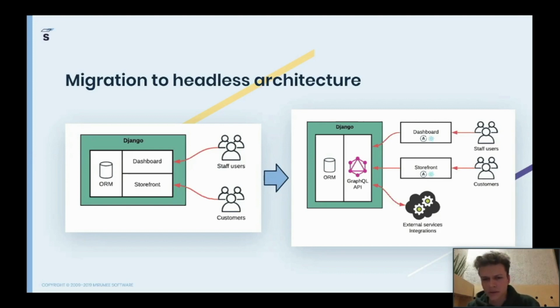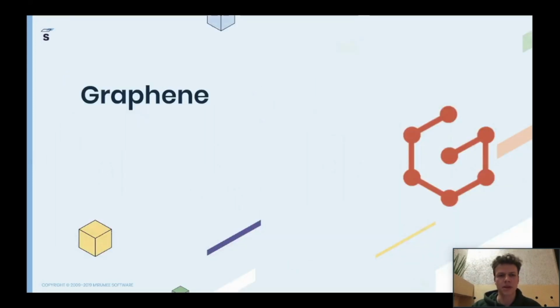And we've moved two of our front-end apps outside of the core project, and now they are separate apps built in React and Apollo, and they use GraphQL as you've seen in this short demo before. This is the new headless architecture, which also allows us to build external integrations around the platform. This is a really great benefit of having an API, and especially a GraphQL API here.